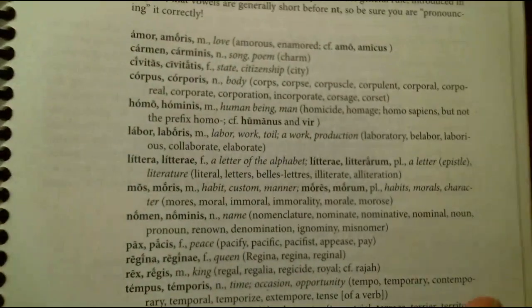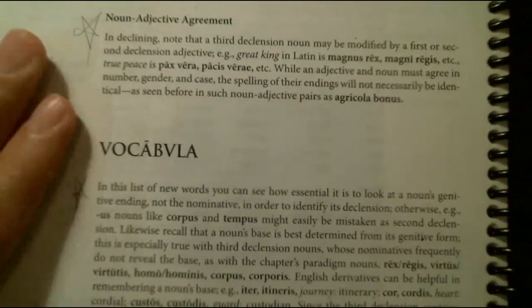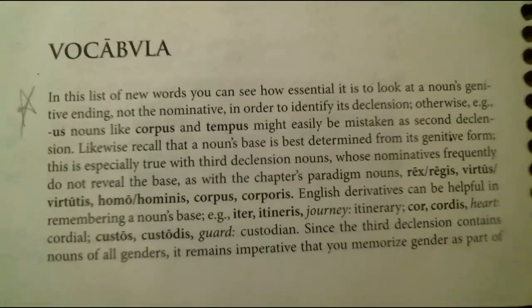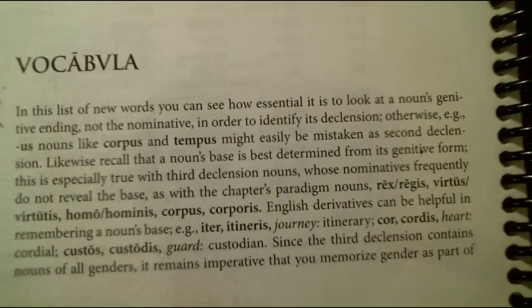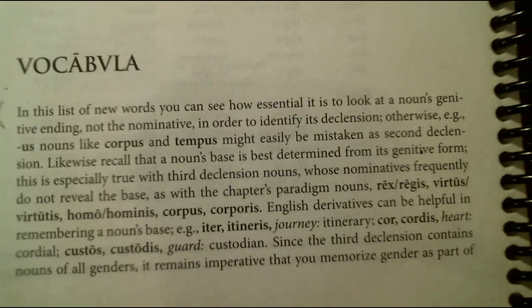Back to page 56. All right. Now these 2 paragraphs here, we read the first one. These are very good paragraphs. I'm going to read this for you. So, all right, in this list of new words, you can see how essential it is to look at a noun's genitive ending, not the nominative. Okay, we talked about most of this already. In order to identify its declension, that is first, second, or third.